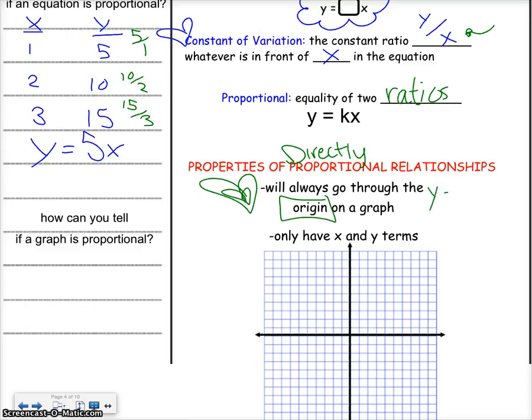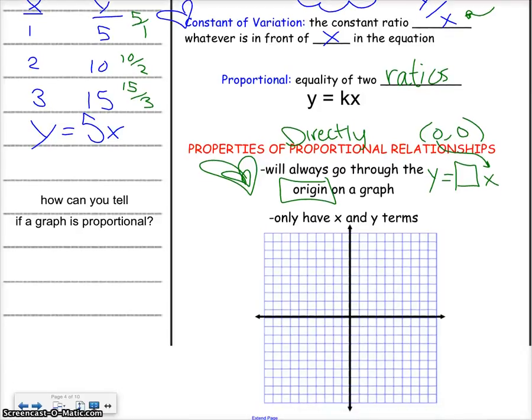Because if it's y equals something times x, well, if x is 0 and you put a 0 in there, according to the 0 property, 0 times anything will be 0. So that's the definition of directly proportional. That means that if x is ever 0, then y has to be 0.